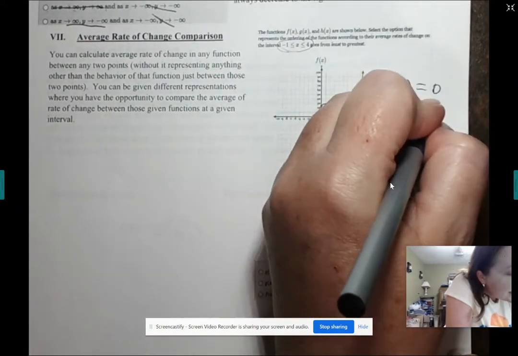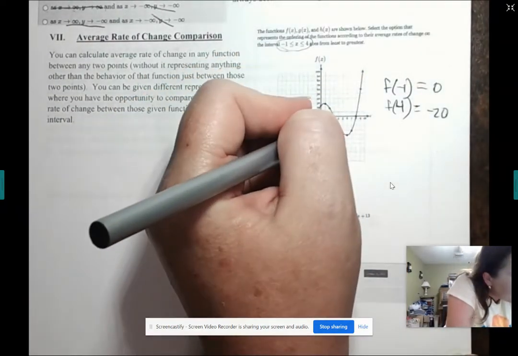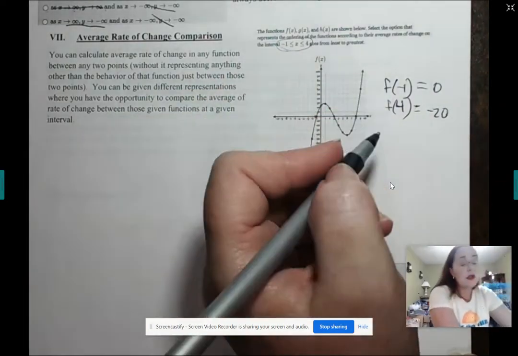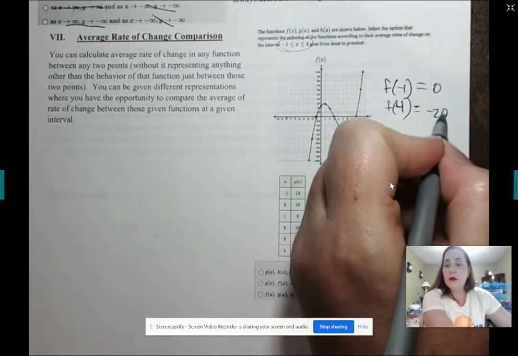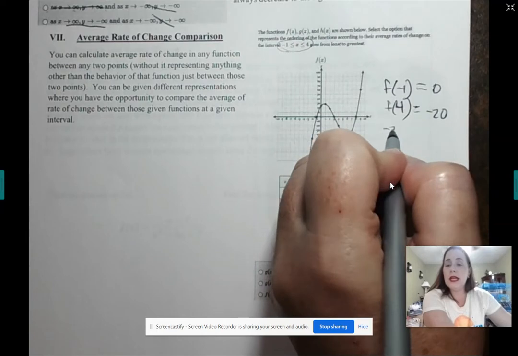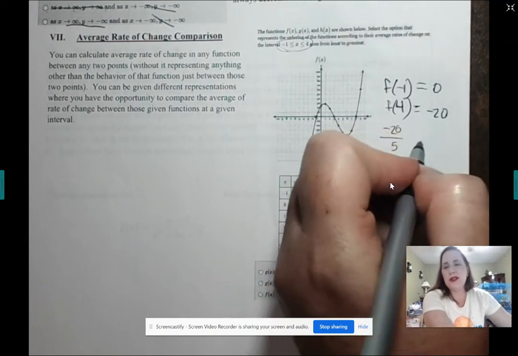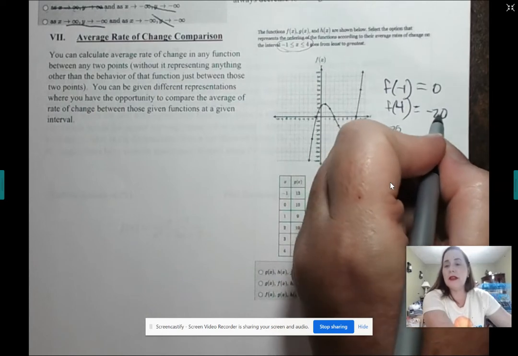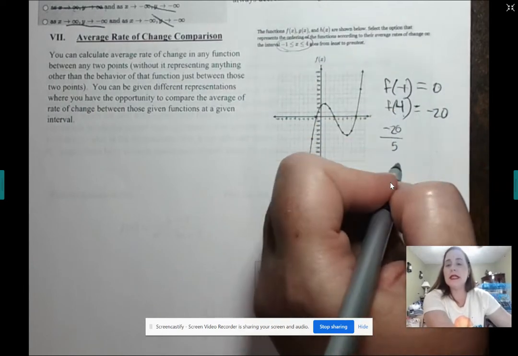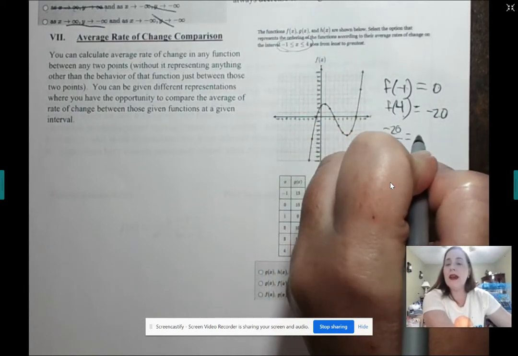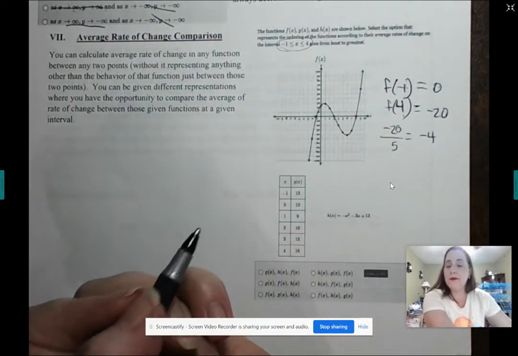So it is -20. When x is 4, y is -20. So what's the rate of change here? Well, these differ by losing 20, and these differ by gaining 5. You could always do the slope formula on these, like this minus this over this minus this. That's what you would get, and that rate of change is -4.